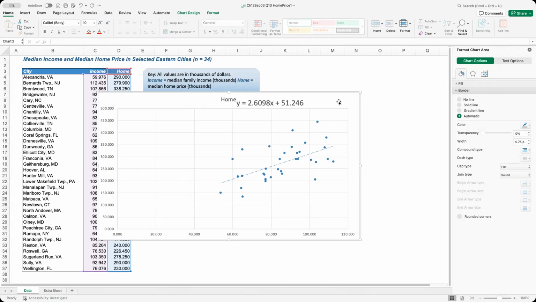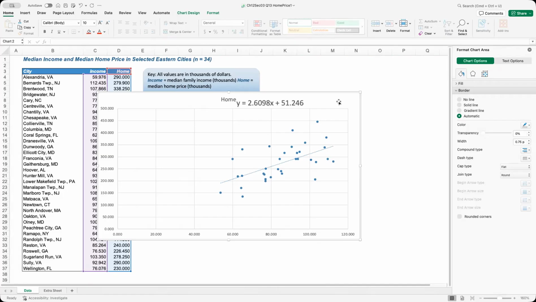You said it was a y-intercept, so it should be somewhere on here, right? Y represents income or home prices? Home prices. So that's a home price. It's a home price when what income happens?